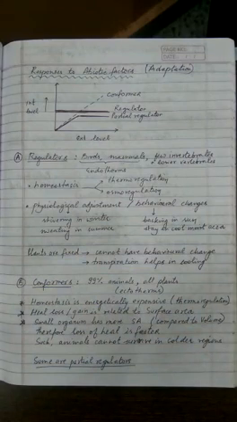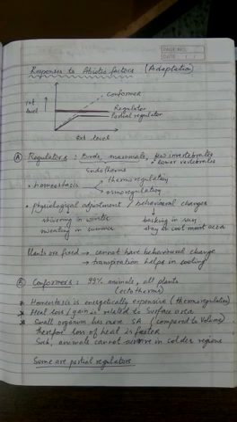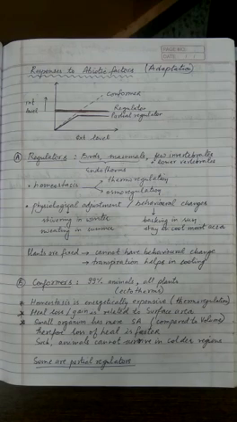Now, the first thing to understand in this concept is what are regulators, then conformers, and then partial regulators, followed by what other adaptations or options the organisms have for their survival, because all these things are done for making the survival of the organism better.